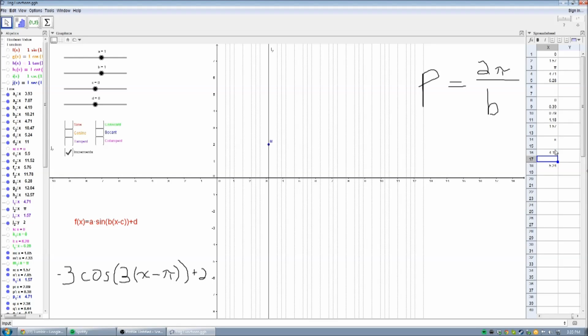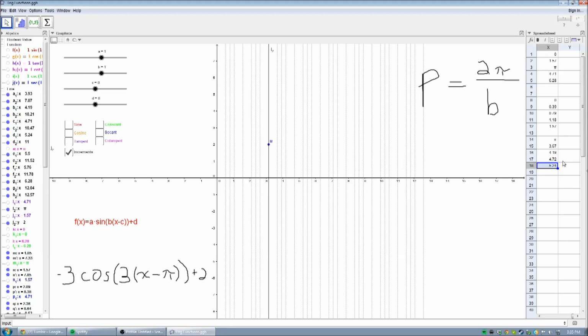The average between that and pi, I'm just going to add pi to 4.19, divide that by 2, and I get 3.67. And the average between 4.19 and 5.24 is going to be 4.72. Does that make sense? Sure, that looks right.